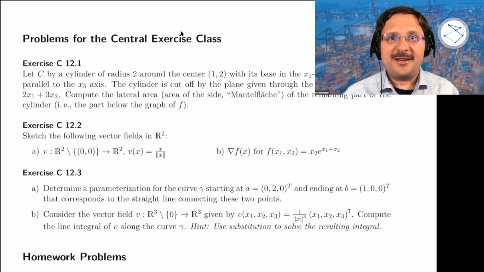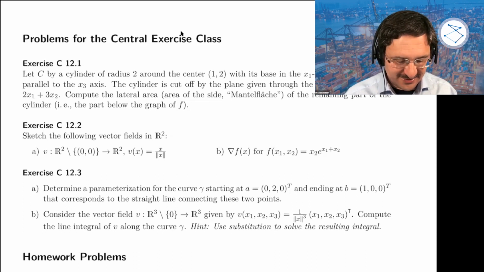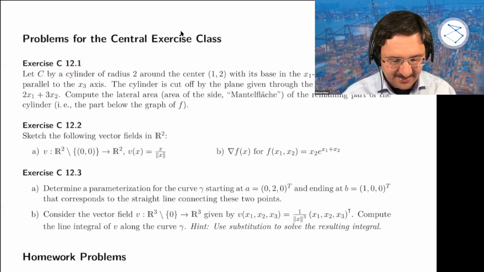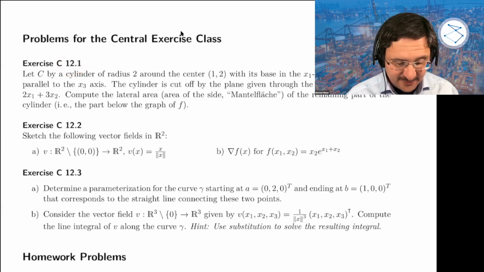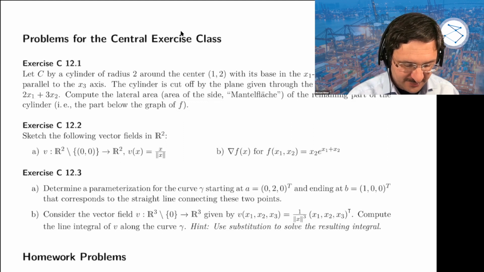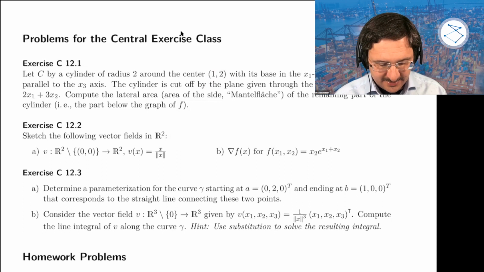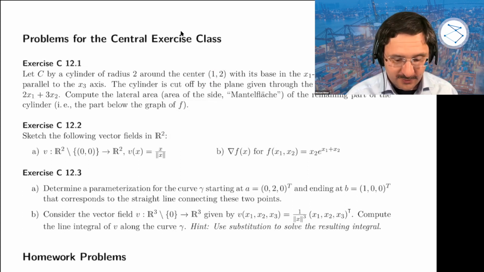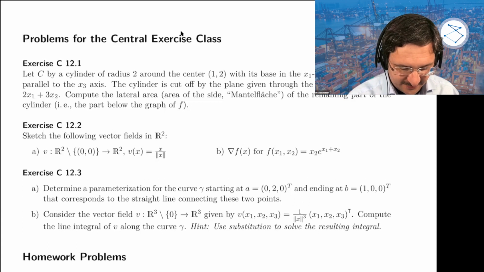Okay, so let's start with the exercise sheet first. We'll start with 12.1. Here we have a cylinder of radius 2 around the center. This is the center, 1, 2. The base is a circle around the center.